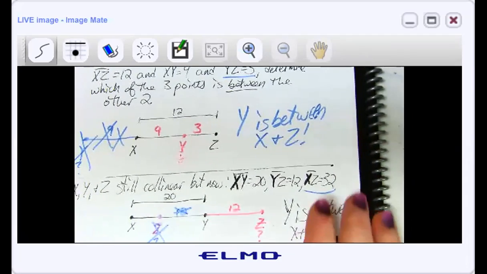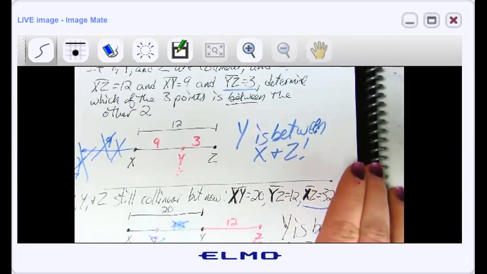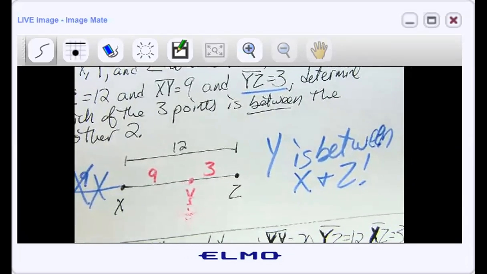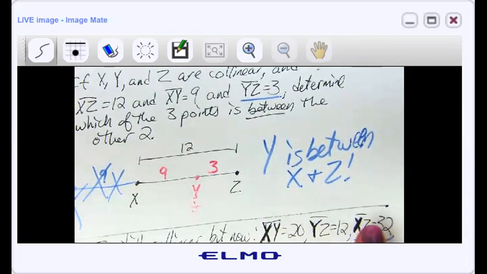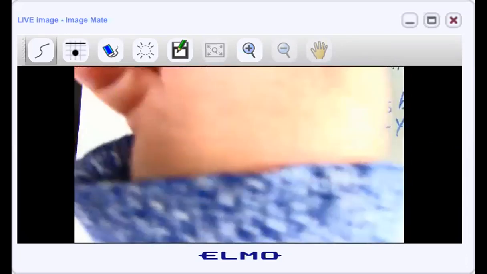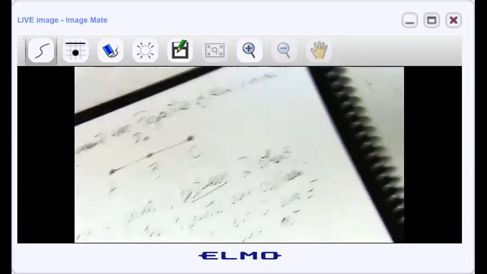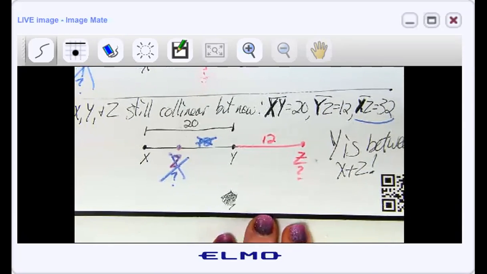So if you look at the first two answers, you see that there's Y in the front and there's Y on the second. If you look at the one we just did, X and Y equals 20. If you look, it says XY and then there's YZ and then XZ.